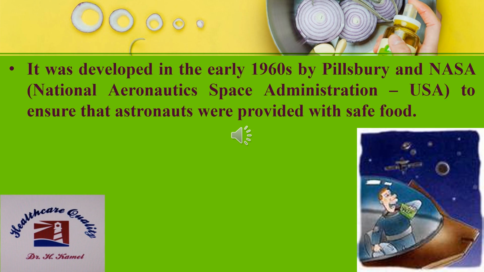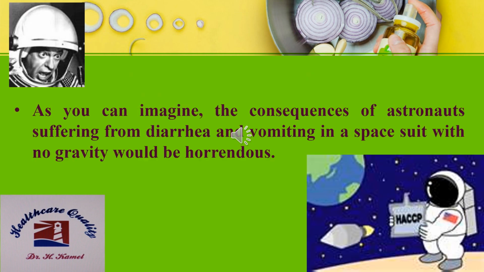It was developed in the early 60s by Pillsbury and NASA to ensure that astronauts were provided with safe food. As you can imagine, the consequences of astronauts suffering from diarrhea and vomiting in a spacesuit with no gravity would be horrendous.